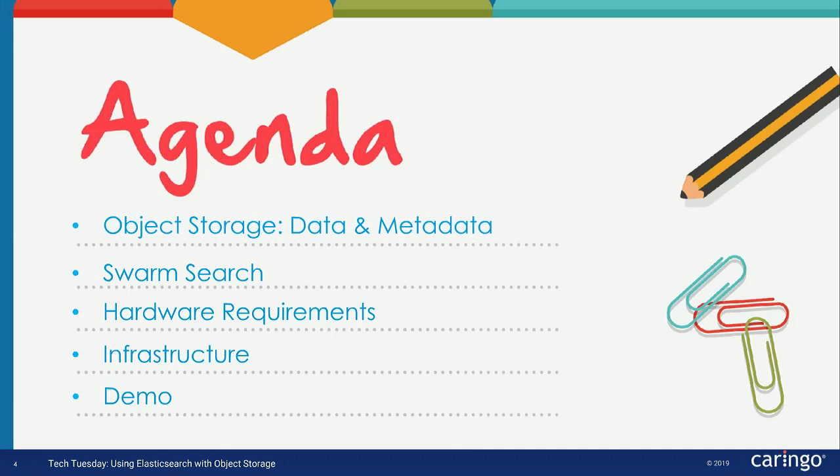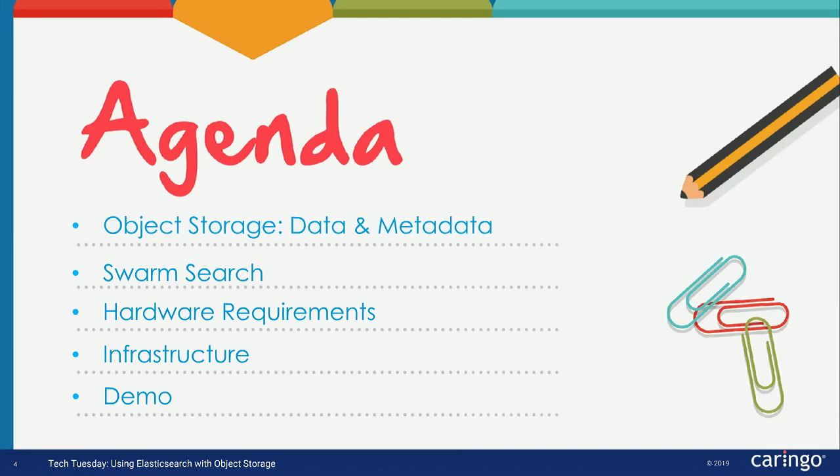Okay, folks. So just quickly here, we're going to walk through an agenda of what Jam and I will be presenting today. We'll start off with a very brief overview of object storage, specifically with a focus on the relationship of data and metadata within object storage. Then we'll dive into an overview of what we call the Swarm Search pieces, which is where the Elasticsearch component comes into play.